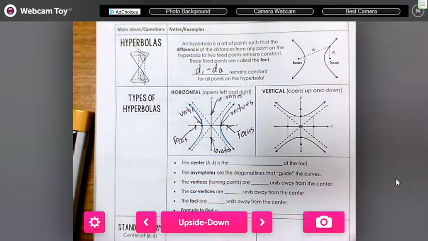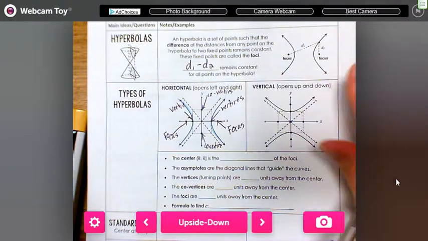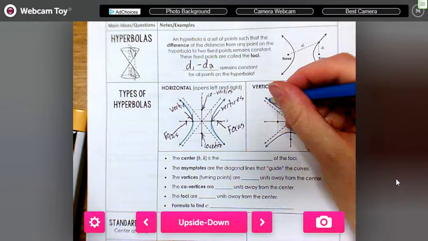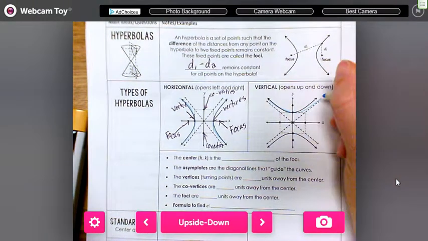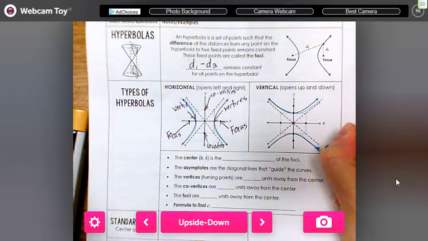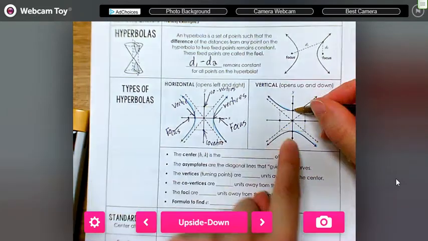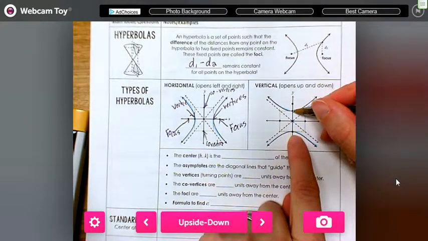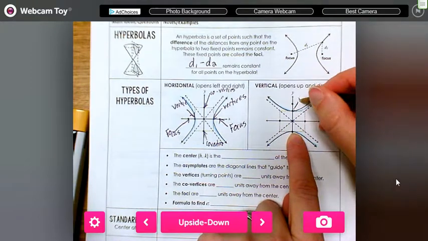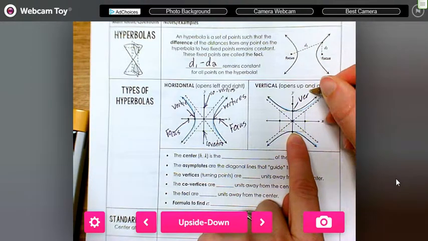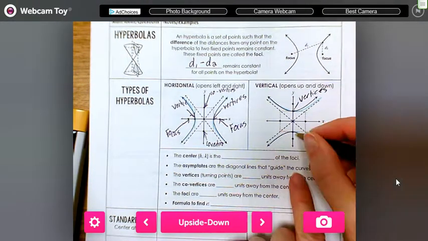All right? And if we change it vertically, again, these are my hyperbolas. Okay? What are these 2 points right here? If you're looking at the other one and comparing, what are these 2 points right here? Vertices, good. These are vertices.